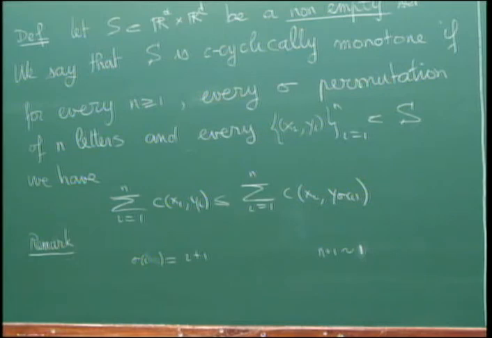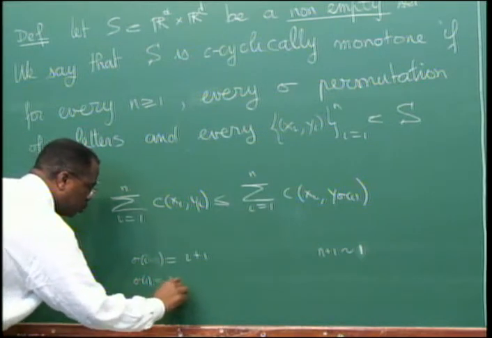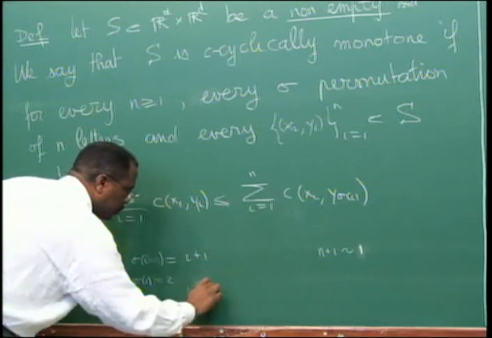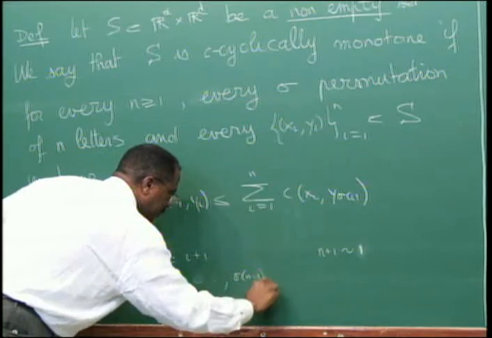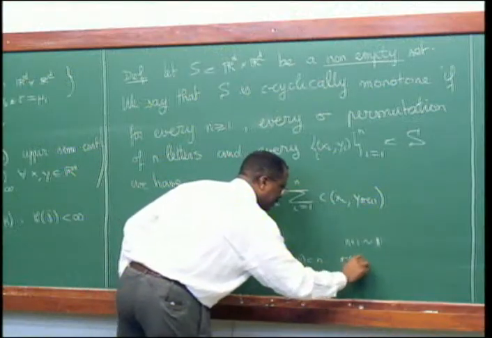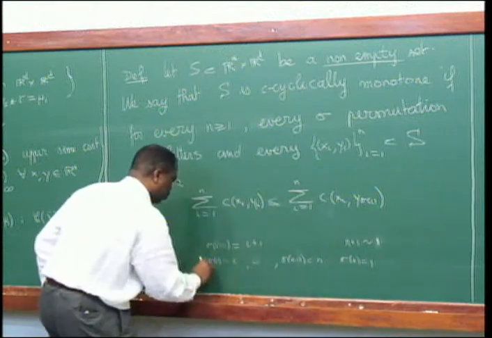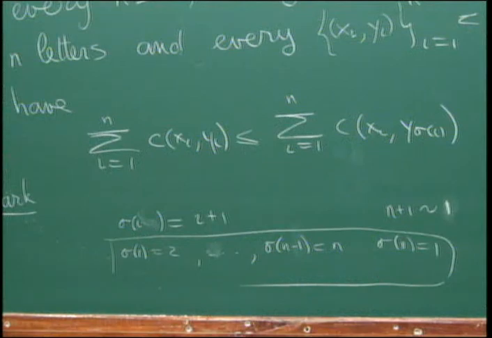So what I mean is sigma of 1 equals 2, up to sigma of n minus 1 equals n, and sigma of n is 1. It is not a loss of generality to take that sigma, because I can always change the order of my points.